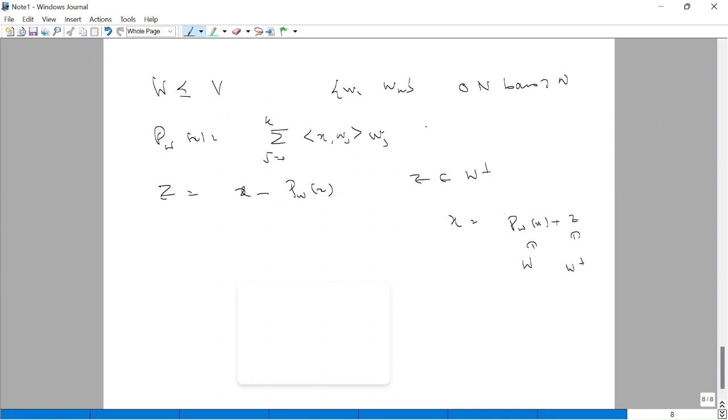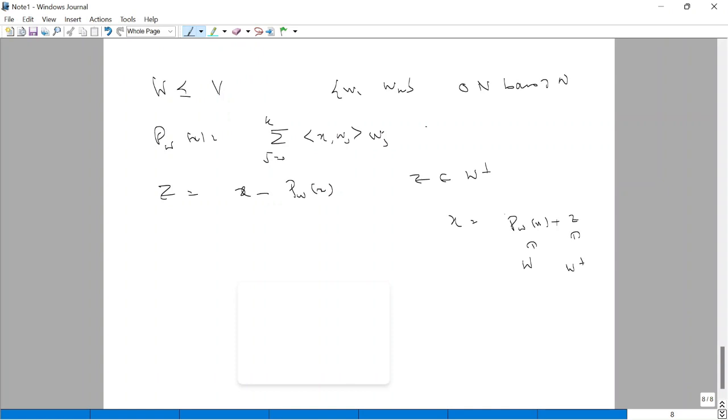Therefore, what do you think I have proved? I have shown that any vector x in V is a combination of two vectors. The first is in W and the second is in W perp. And we already know W intersection W perp is 0.